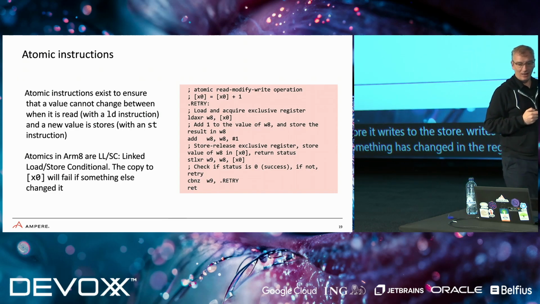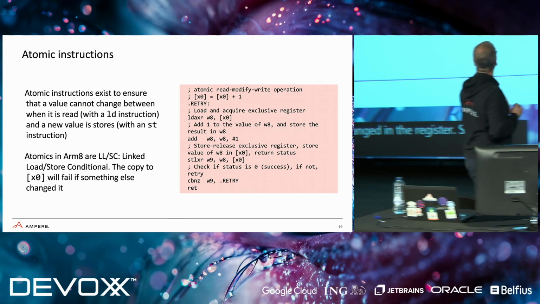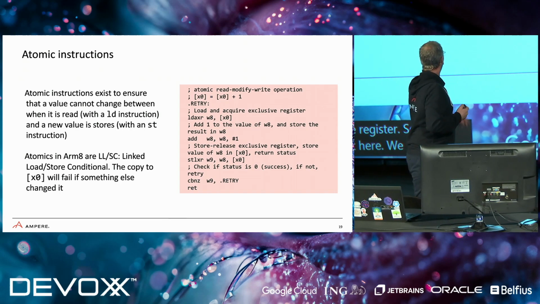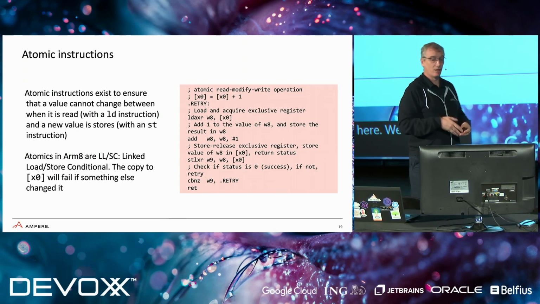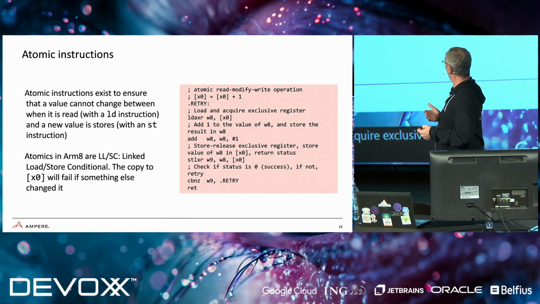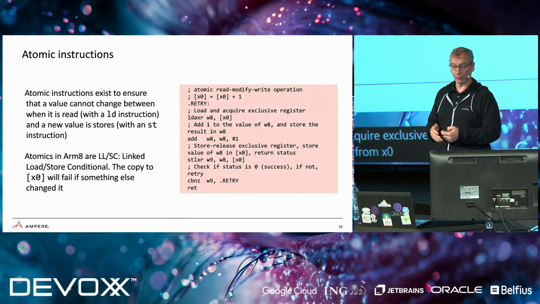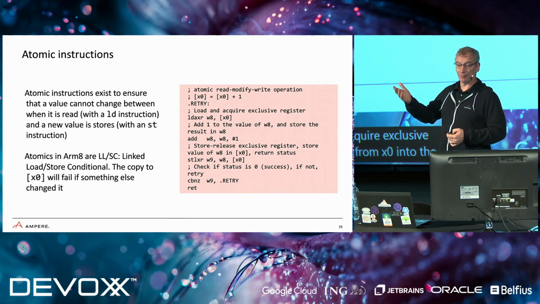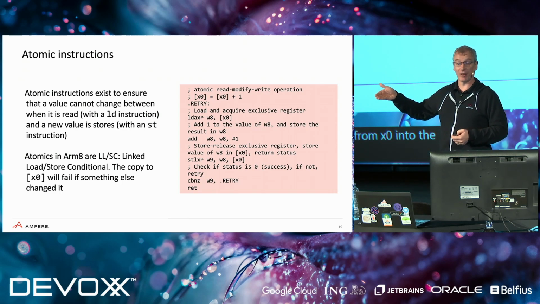So if we look at this code example on the right here, we start with the LDAXR, the load acquire exclusive register. That loads the value from X0 into the special register W8, and then we're going to mark X0 for observation.